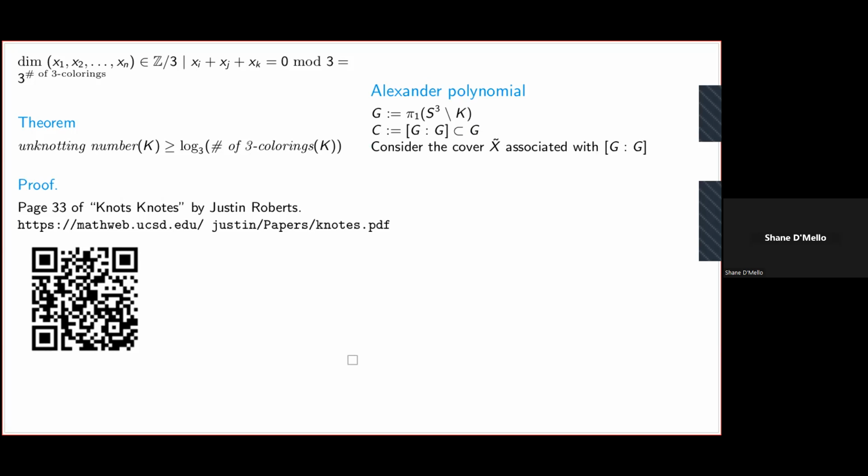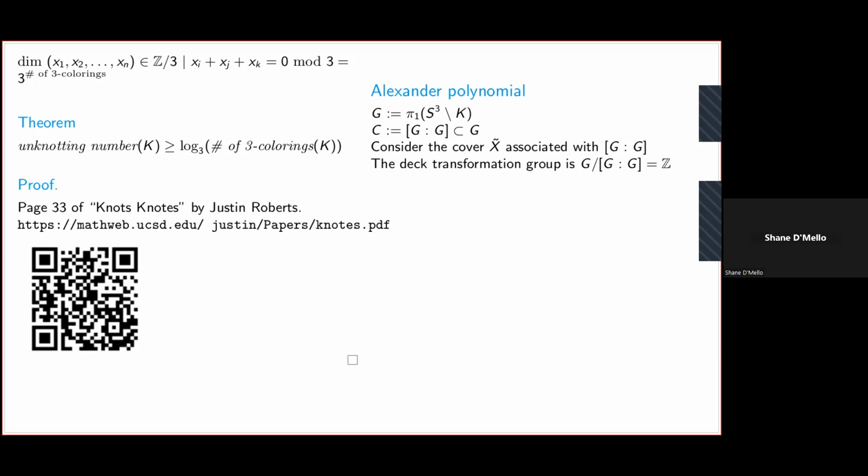And you consider the cover associated with this subgroup. Let me remind you that for every subgroup of the fundamental group of a topological space, there is a cover associated with it.